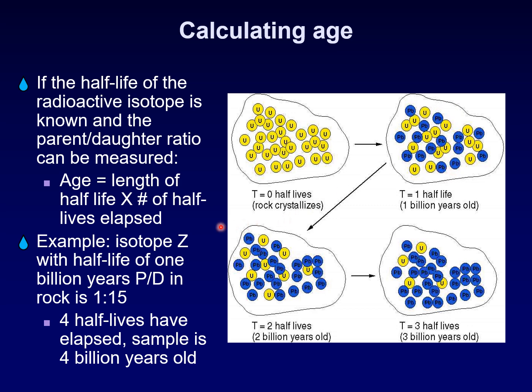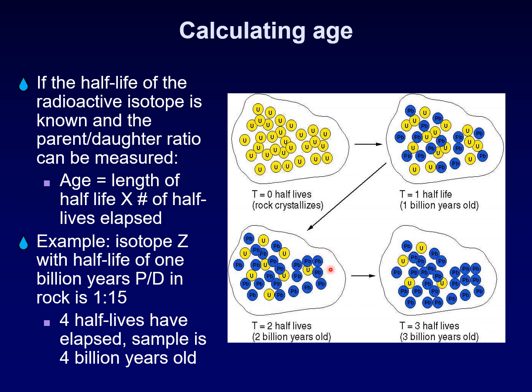So let's take the example here of isotope Z, which has a half-life of 1 billion years, and its parent to daughter ratio in the rock is 1 to 15. From 0 to 1 half-life is 1 billion years, and the ratio is 50-50, so this is 1 billion years old.